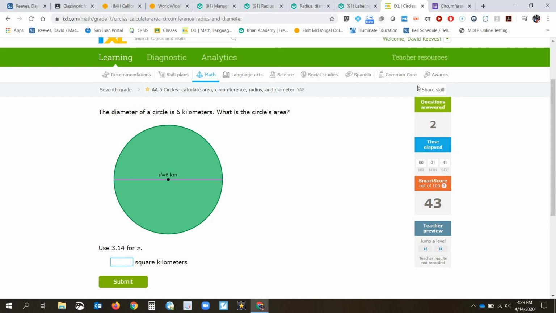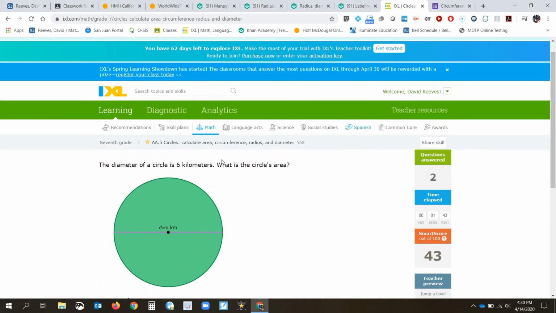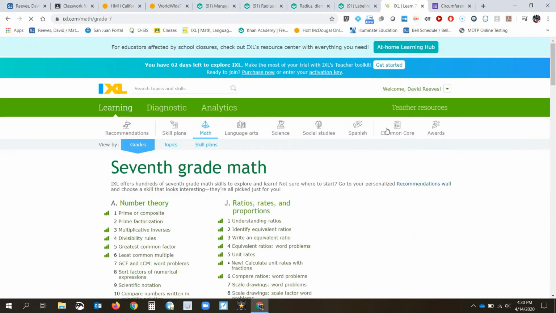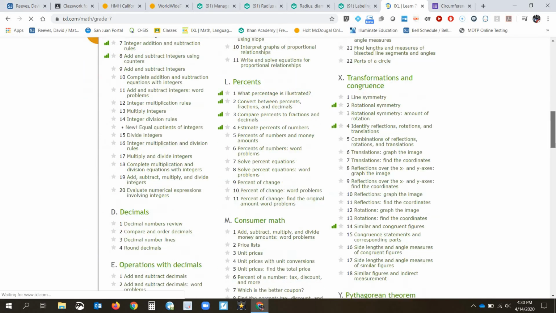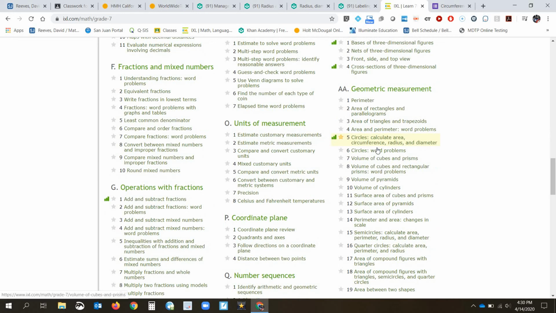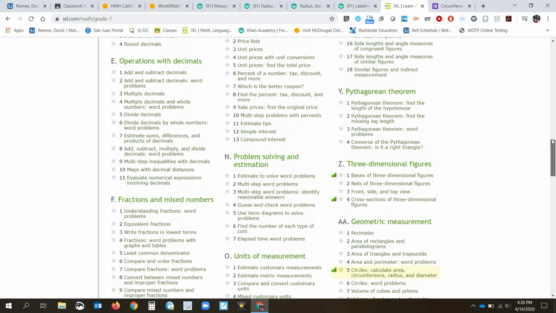It's not usually going to be the case, and it's kind of ironic with IXL, because IXL of all of them normally takes all of these skills and breaks them down into small pieces. But in this case, for a circle, I only had the option to do circumference and area together. I did not have the option to do them separately.